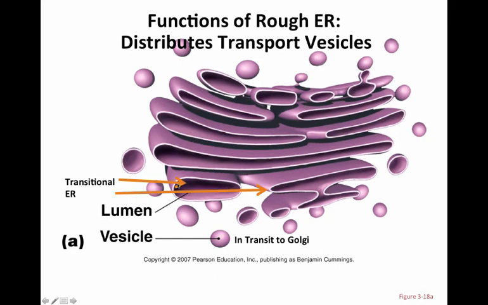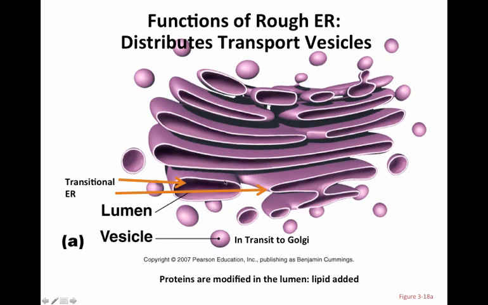These are transitional endoplasmic reticulum, transitional, moving things from one place to the other. This is the lumen of the rough ER in this example. The lumen, just these openings, okay? So these transport vesicles are budding off. And guess where they're going? They're going to the Golgi. So what else do we know? What else takes place?